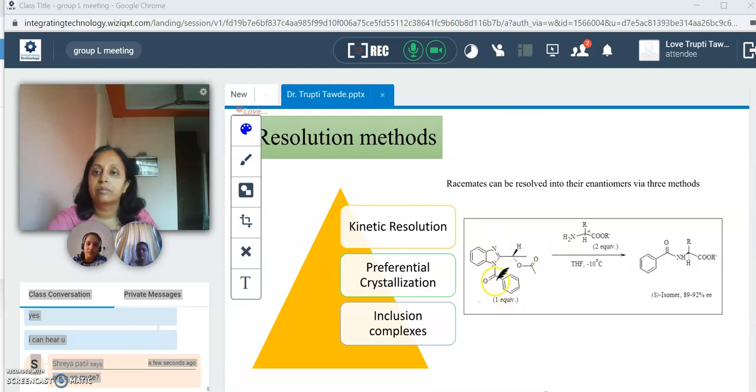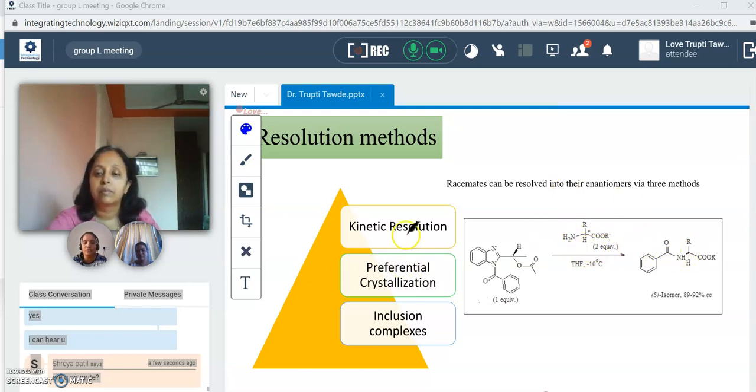So it will transfer this benzoyl group to the amino acid, but this process will take place stereochemistry-wise. That means it will transfer this benzoyl group to one of the isomers. So I will get one of the isomers in the benzoylated form while the other isomer will remain in amino acid form only. So I can separate the two amino acids.